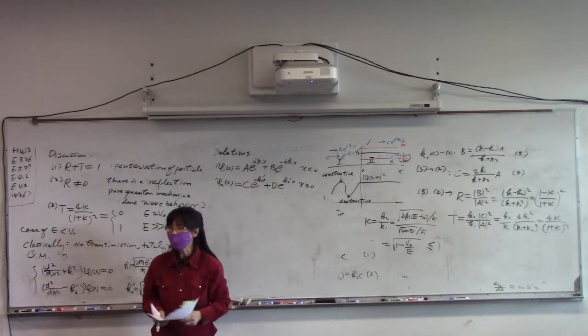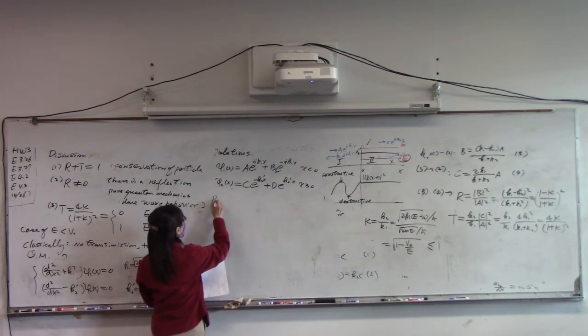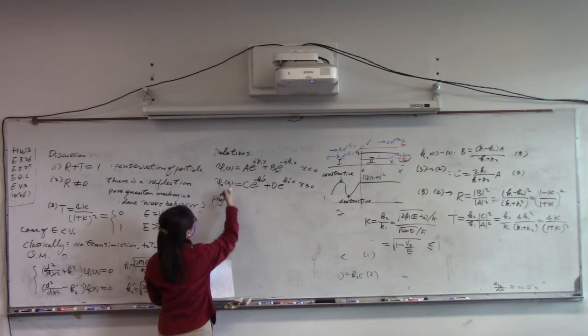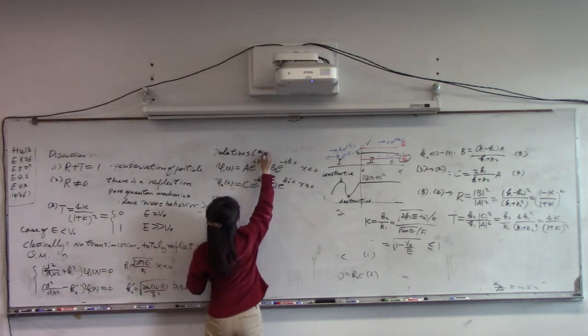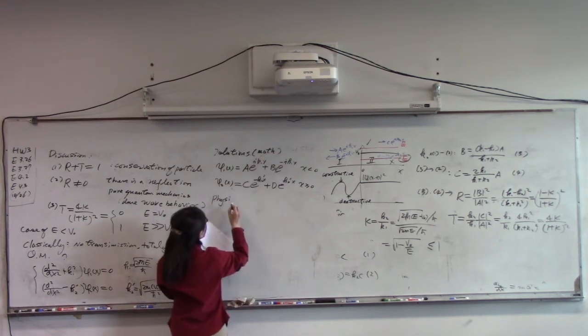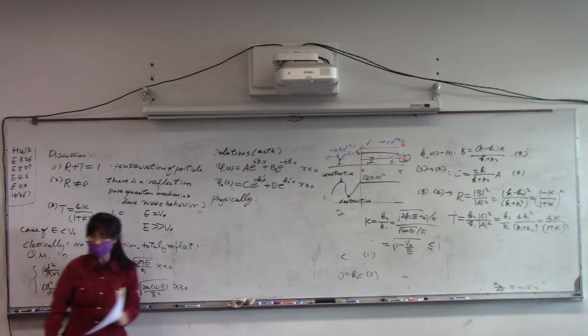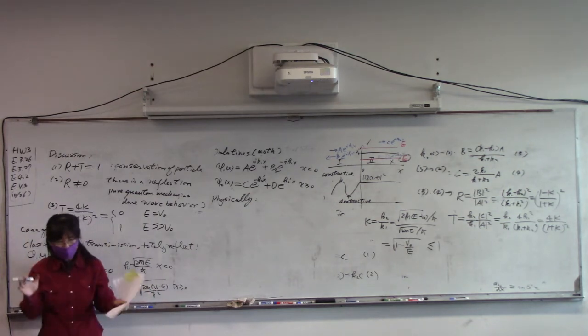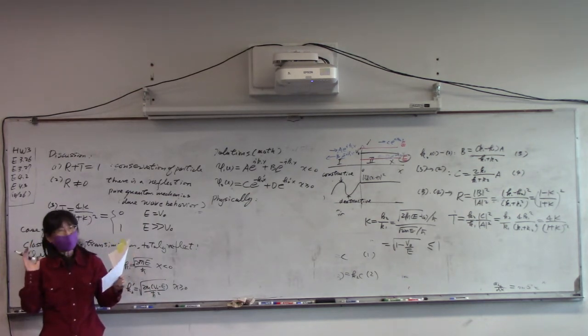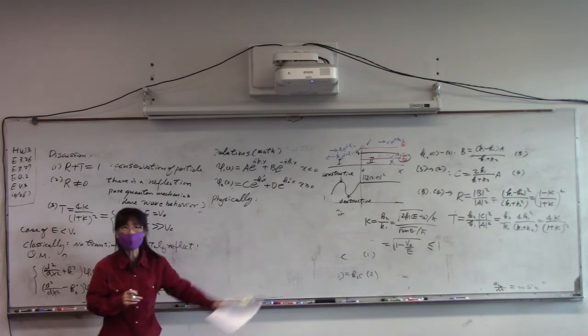Now I'm going to ask you, physically, this is mathematical, right? When we solve this Schrodinger equation, we always double-check whether the solutions are physically acceptable. So now, are they acceptable?